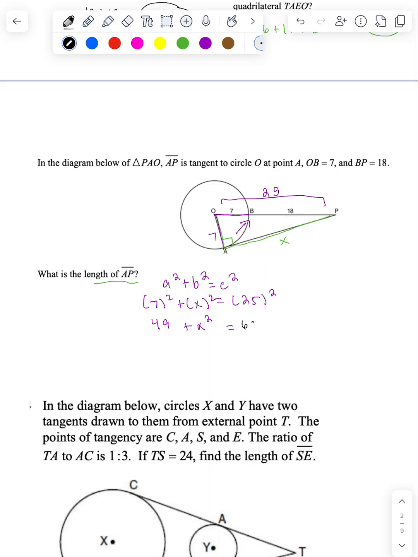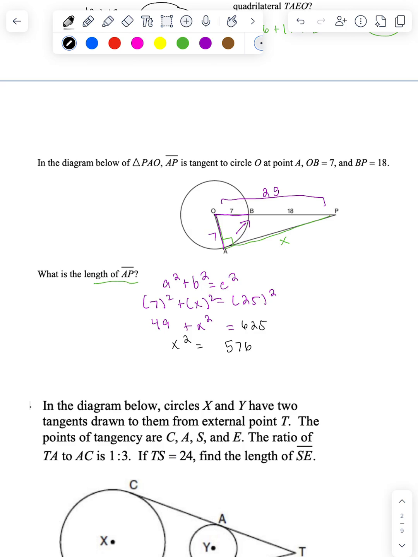That should be 625. So if we subtract 49 from both sides, we have 576. And then if you take the square root of 576, you should get a whole number, and it should be 24.